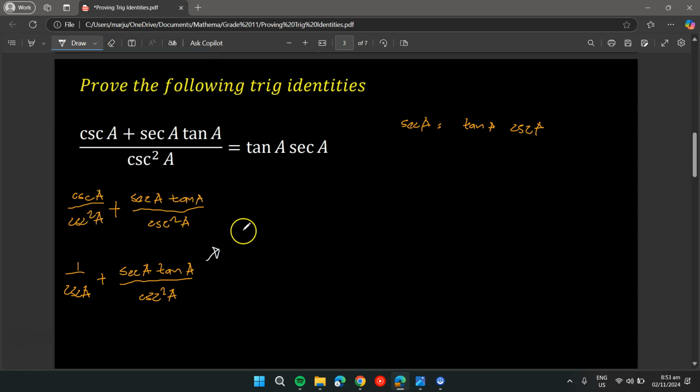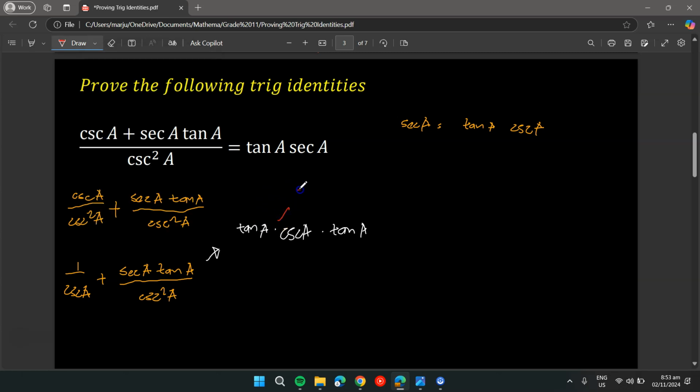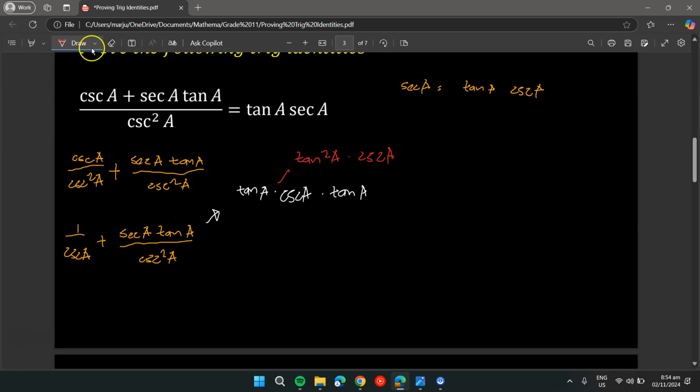So this is now tangent of a, and then cosecant of a, and then times again tangent of a. So I am left with tangent squared of a times cosecant of a. Alright, so I'm going to substitute that here.